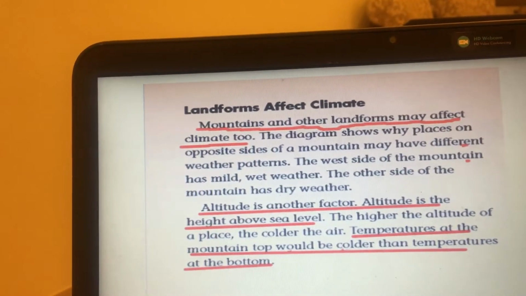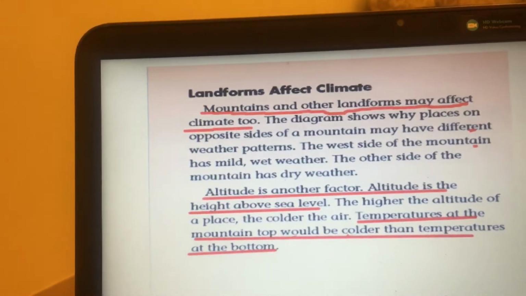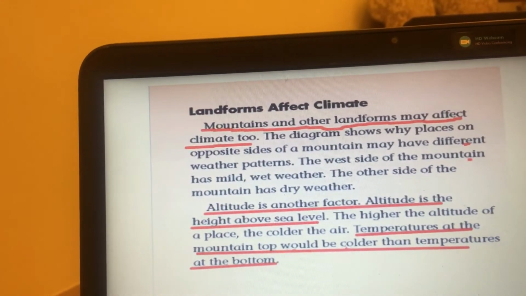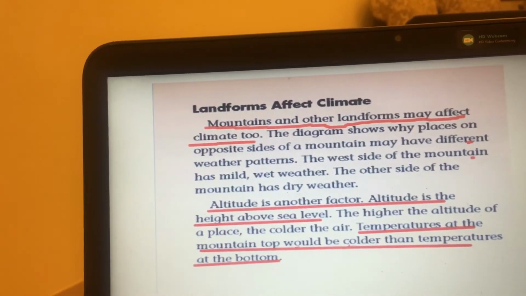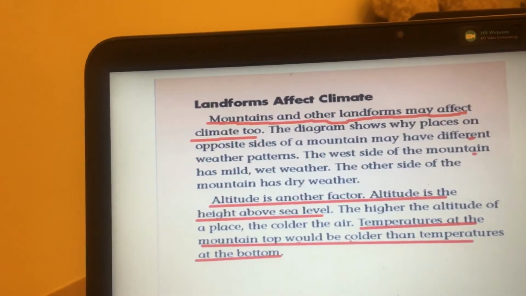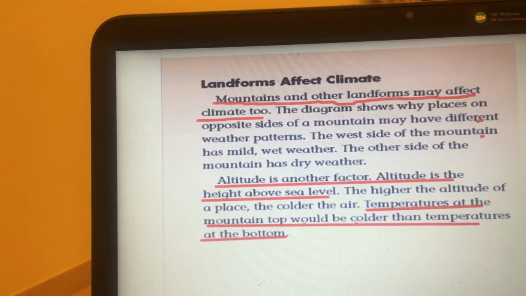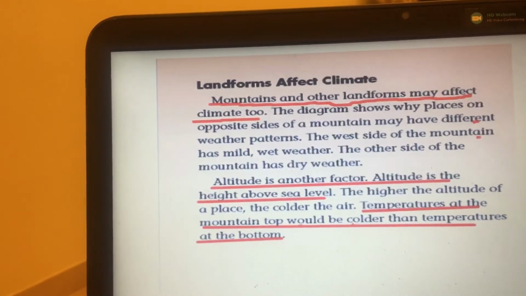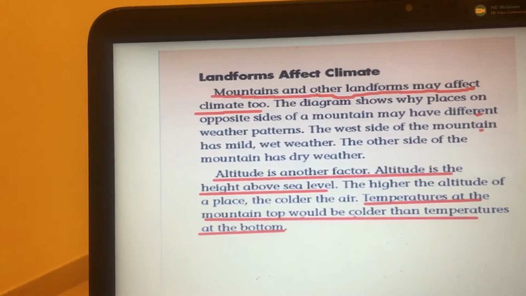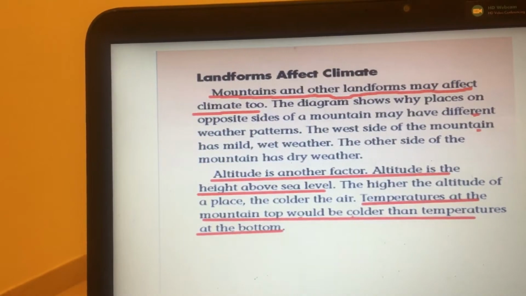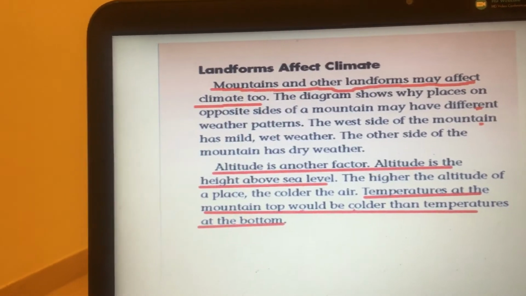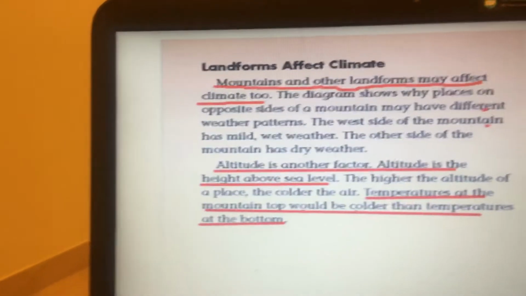The other side, or the east side, has dry weather. Altitude is another factor. Altitude is the height above sea level. The higher the altitude of a place, the colder the air. Temperature at the top of the mountain would be colder than temperature at the bottom.